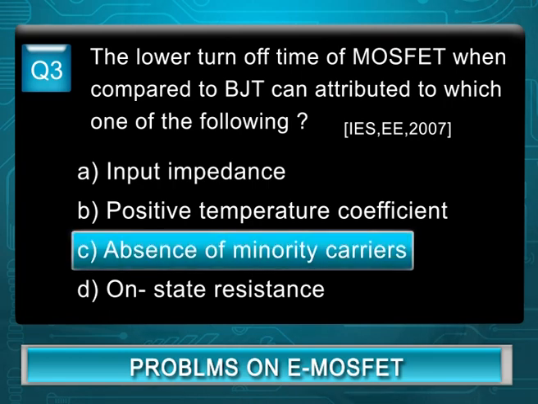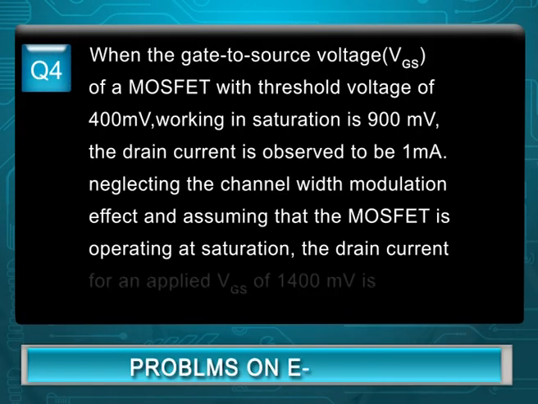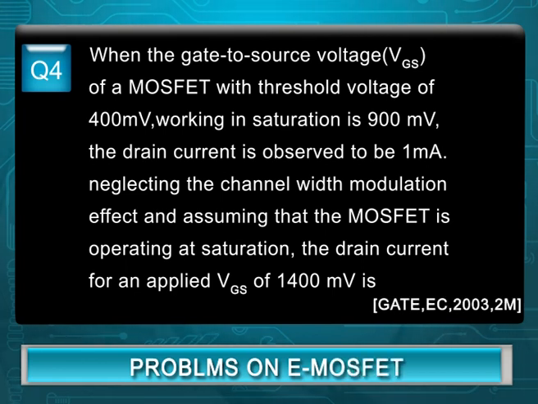Next, question number 4. When the gate to source voltage VGS of a MOSFET with threshold voltage of 400 millivolts, working in saturation, is 900 millivolts, the drain current is observed to be 1 milliampere.